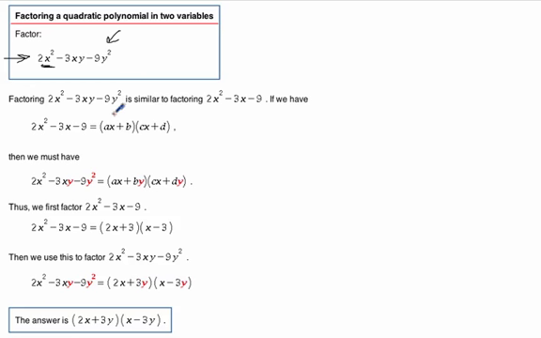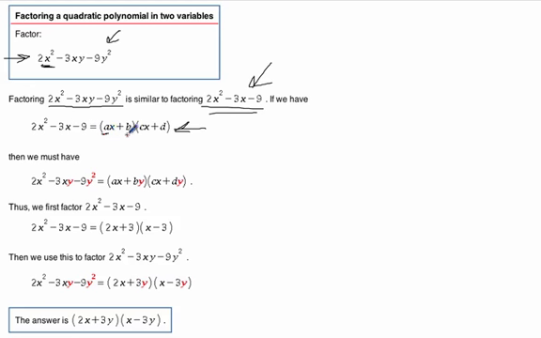Well, it's not too hard. If we just took the y's away, we've got a problem that we know how to do because we've practiced that one. That's a different, easier topic, and we know that it factors into a binomial, and it looks like this, right?